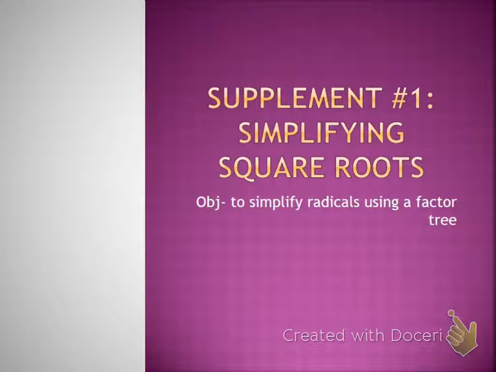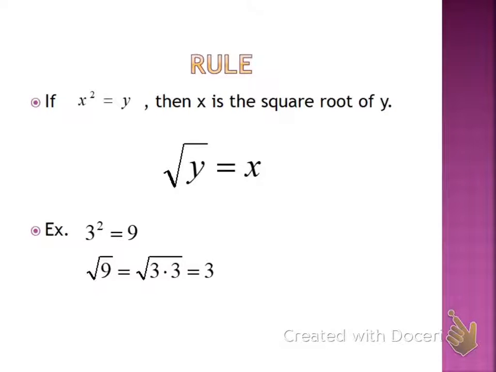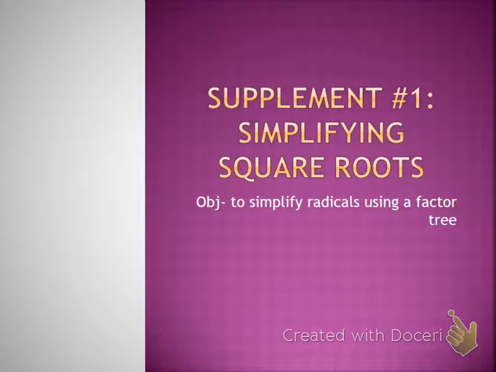Today we've got supplement lesson number 1, simplifying square roots. We are going to be simplifying radicals using a factor tree. Again, this is a review from Algebra 1. This is not something new.